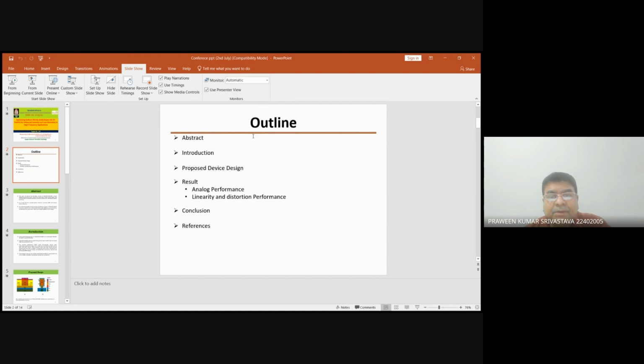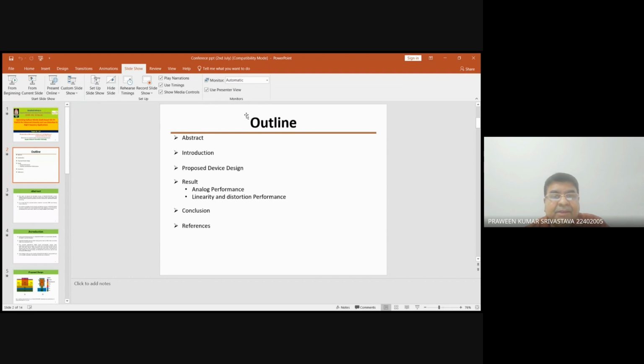Then we go for FinFET devices. There is a gate all around, so there is better control of the gate. After the silicon devices, after the CMOS devices, we switch over toward the FinFET devices. But again, at the FinFET, at low dimensions in the nanometer order, there was a problem. Then we should go toward the SOI FinFET.